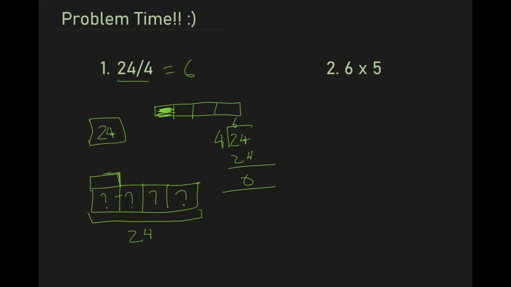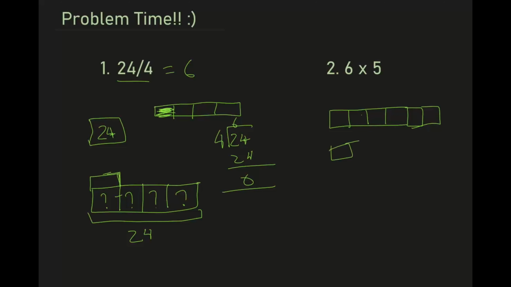Now let's try this one. 6 times 5. So let's draw a model. And then let's divide this into 6 pieces actually. So 1, 2, 3, 4, 5, and 6. That looks better. Now we're just going to draw 5 of those.